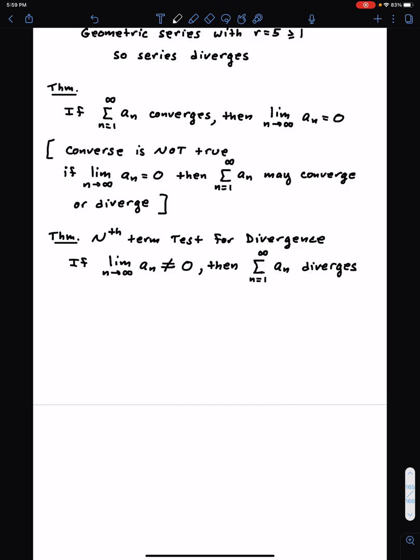This theorem does not show convergence. So if the limit of the nth term is non-zero, then the series diverges.